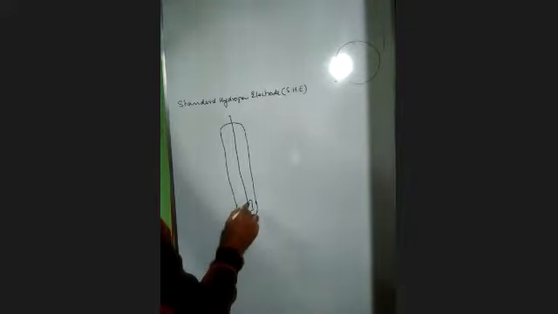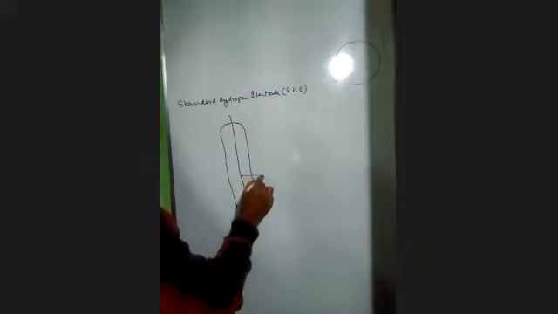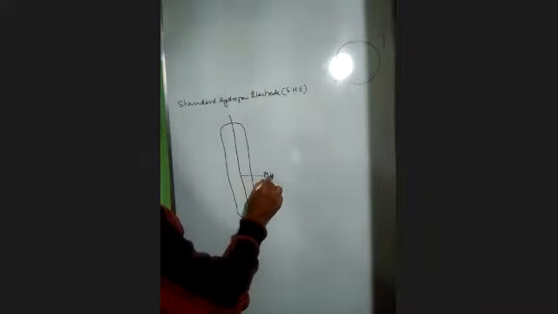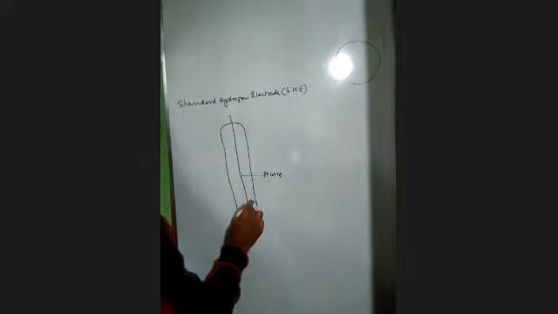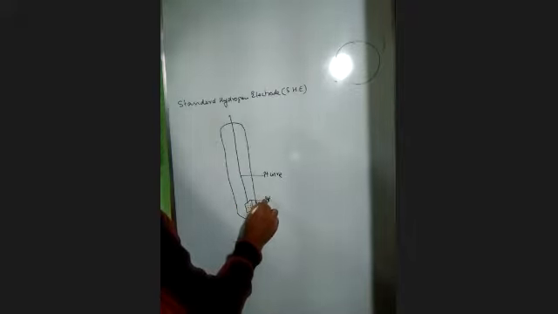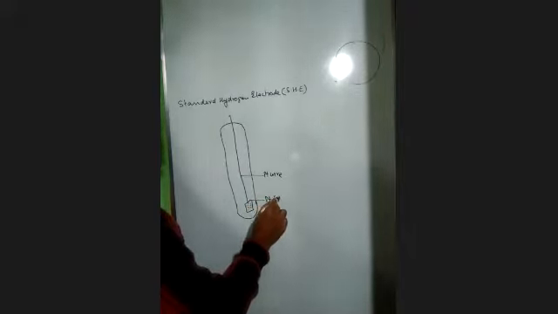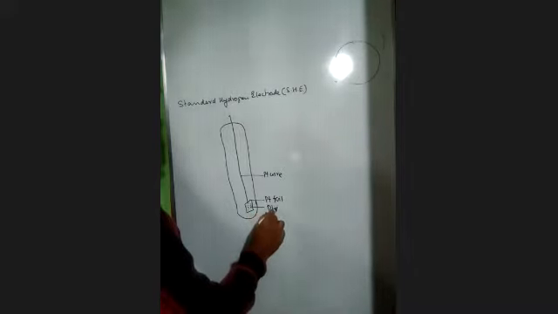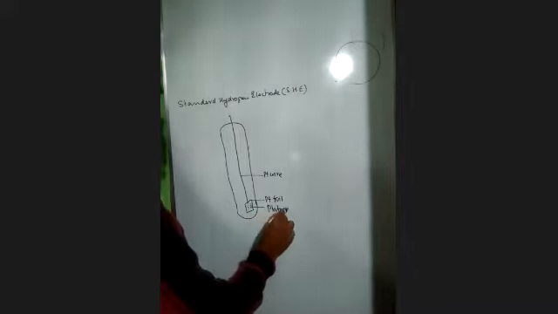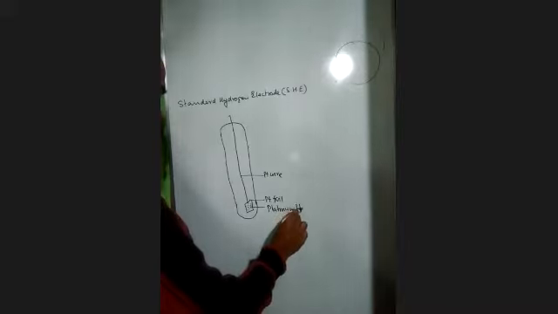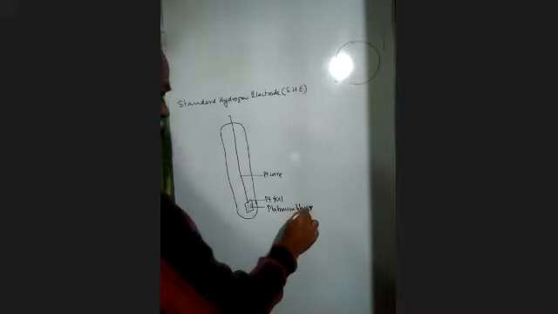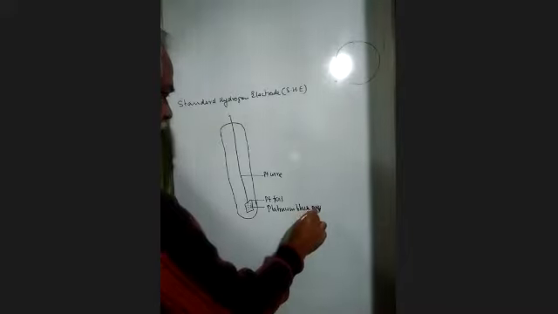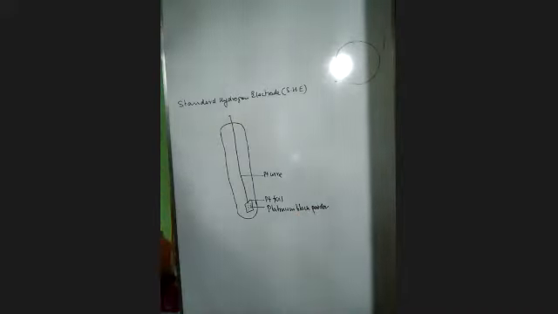So this is a platinum wire, and this is a platinum foil, and it's coated with platinum black powder. It's called platinum black.